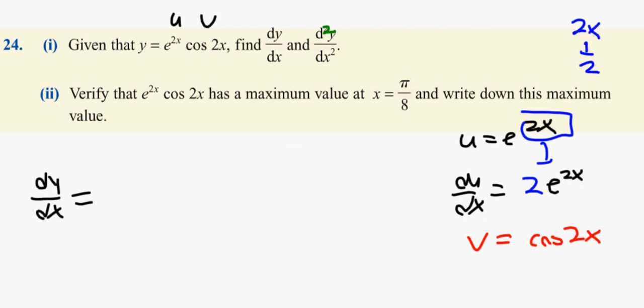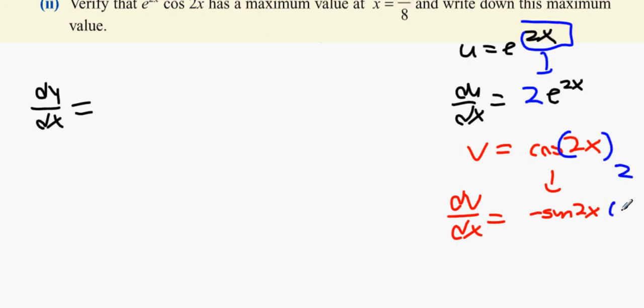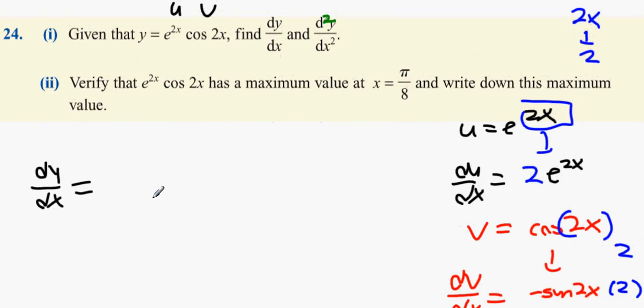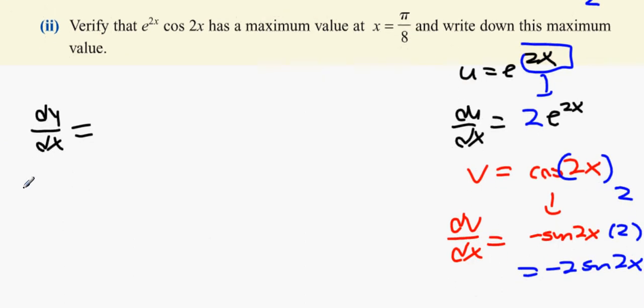Now, what we remember from cos is that it turns into minus sine. So straight away, it's going to turn into minus sine 2x. But you also have to differentiate the angle. Differentiate 2x, once again, you get 2. Multiply by 2, so it's going to be minus 2 sine 2x. We're going to put that into the product formula: u times dv/dx plus v times du/dx.